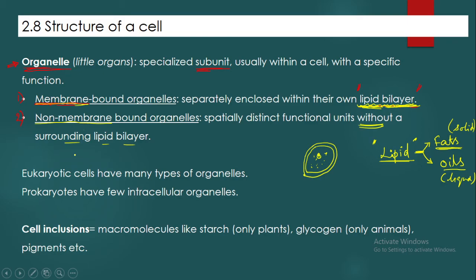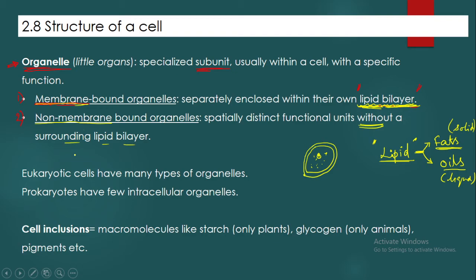The bacterial cells are also known as prokaryotes. This term is extremely important. In biology, it will keep on repeating. You have to fix it in your mind: eukaryote, prokaryote.